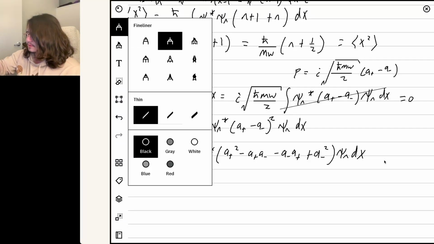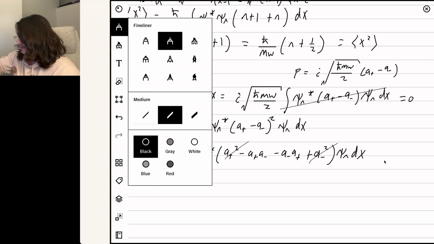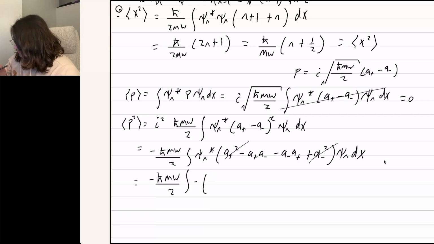We know that the stuff attached to the squared operators will go away, and we know the results of the other operators already, so I'm going to plug those in. Minus ħmω over 2, and we need the psi n star.